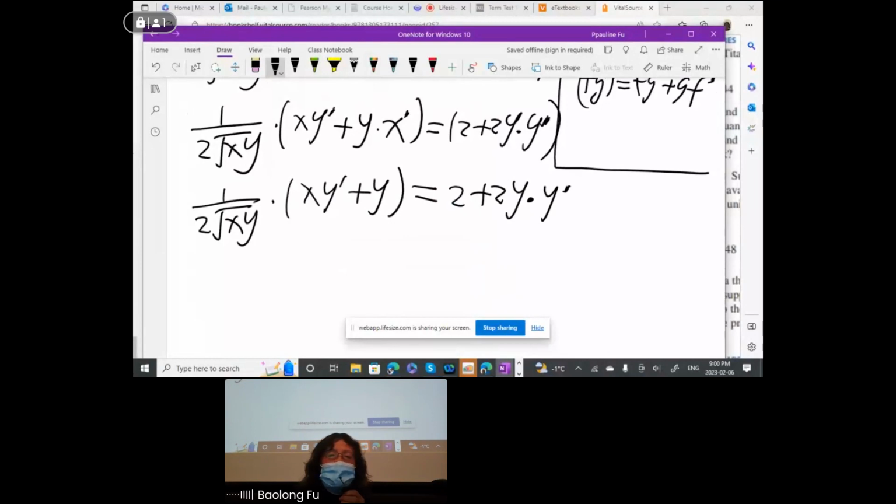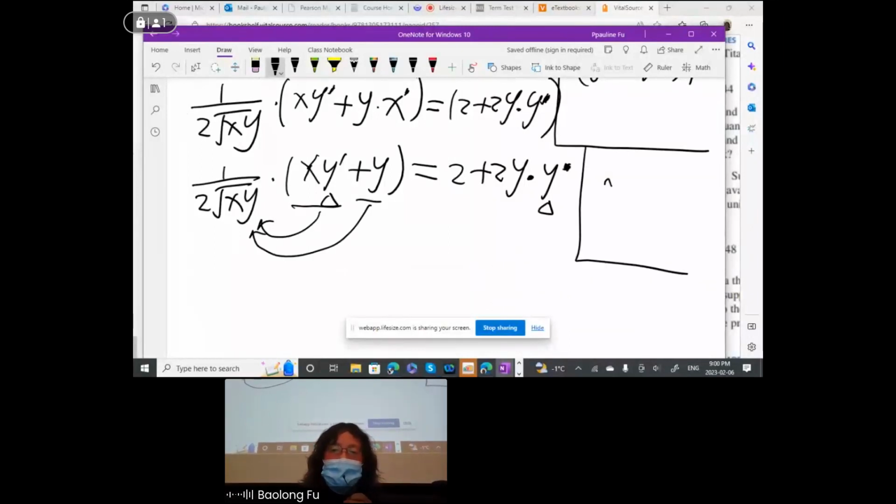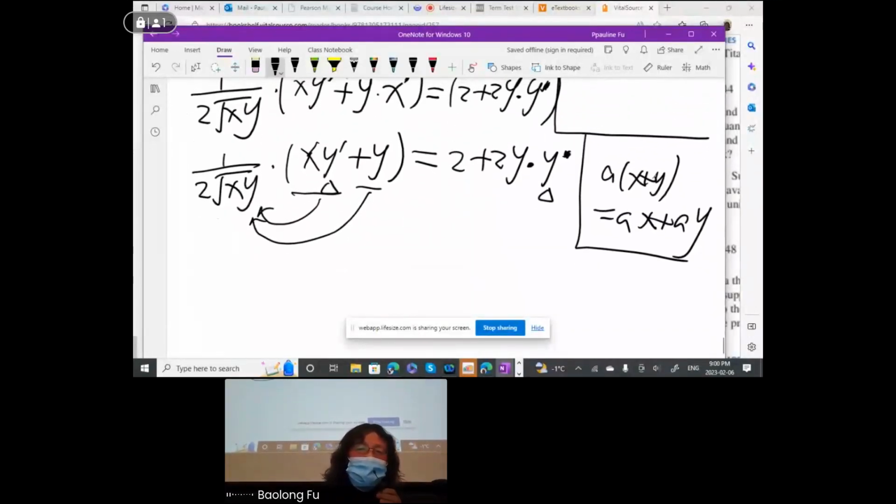And now my objective is to solve for y prime. So I need to remember this item times this, then this item times this. Remember we said a times (x plus y) equals ax plus ay. Okay.